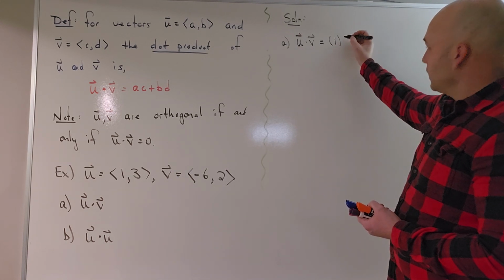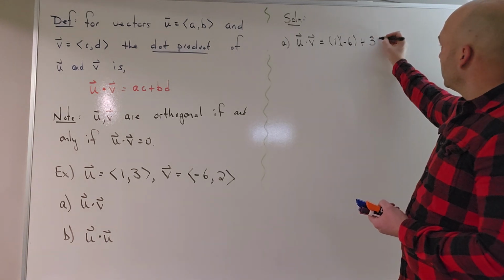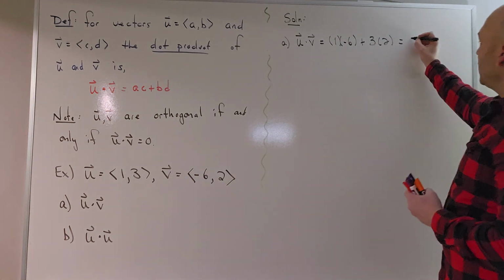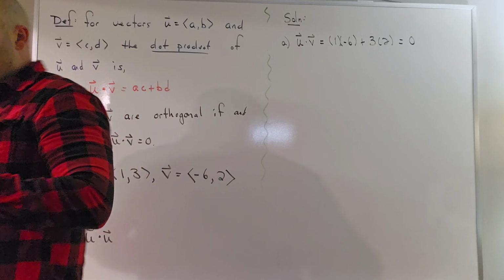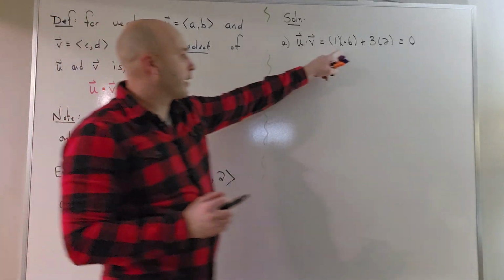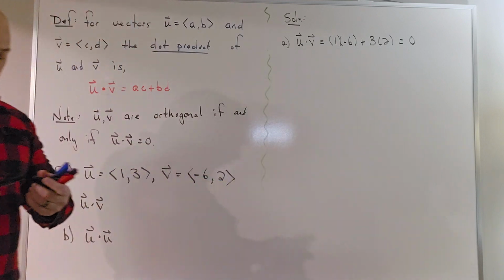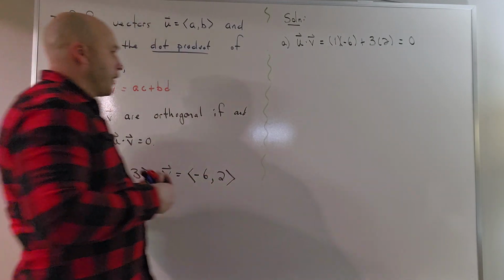Positive 1 times -6 plus 3 times 2, -6 plus 6 gives me a 0. That's just the computation: multiply corresponding components and then add the results. If I get a 0, we can then interpret that by saying that these vectors would be orthogonal. Quickly verify that.